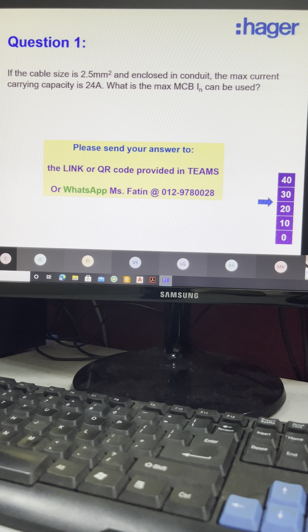Please send your answer to Miss Fatin by using WhatsApp. The maximum current 24 amps. Maximum MCB.